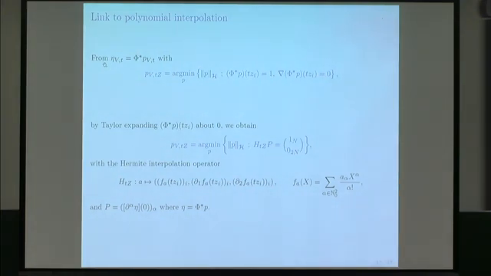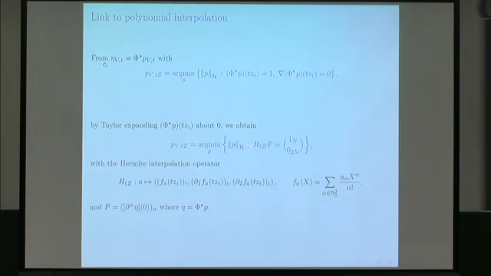The first point is that there is a link to polynomial interpolation in terms of what this space should be. This is what the pre-certificate eta v is at tz. If I Taylor expand each of these about 0, then what I end up with is this expression here, where htz is the Hermite interpolation operator applied to a polynomial whose coefficients p are the derivatives of the potentials eta evaluated at 0.